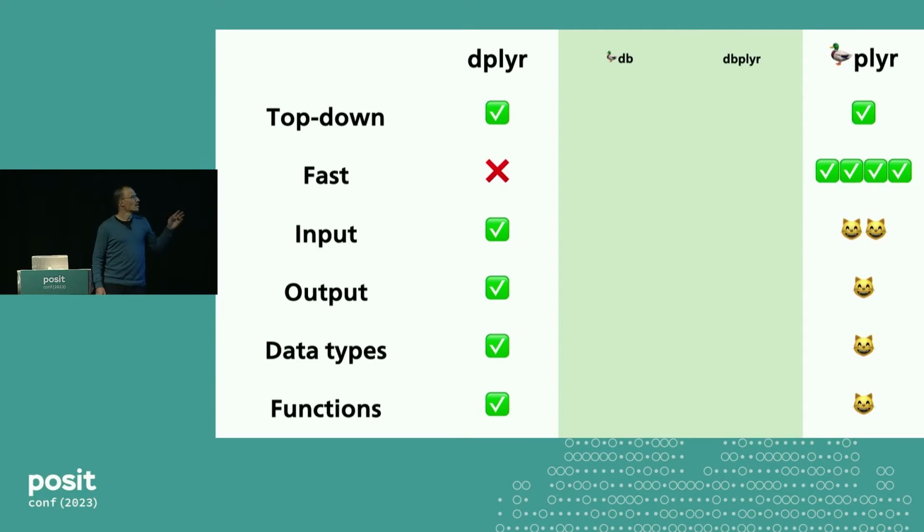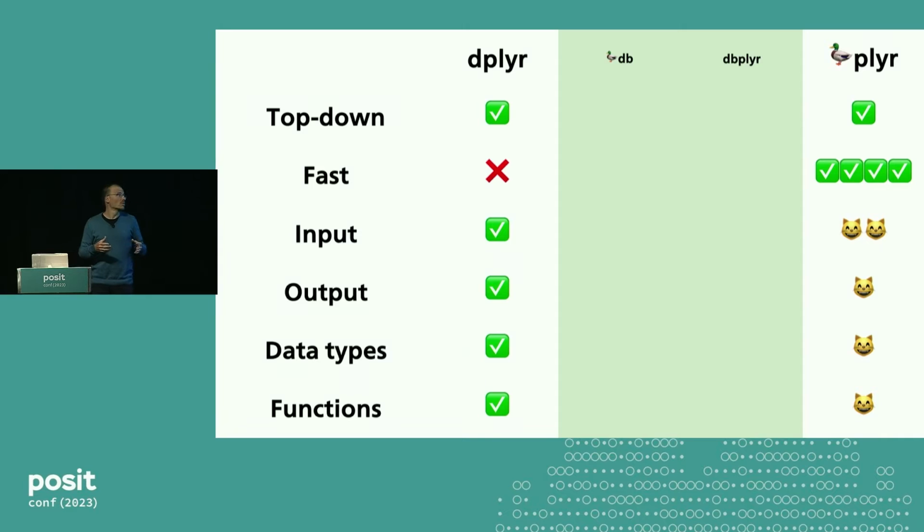Now, unlike dbplyr, duckplyr is designed as a full drop-in replacement for dplyr. Data frame in, data frame out. Support for all data types, all R functions. I mean, yes, we try to do things in DuckDB. If we can't, we just offload to dplyr and handle it there without breaking your code.